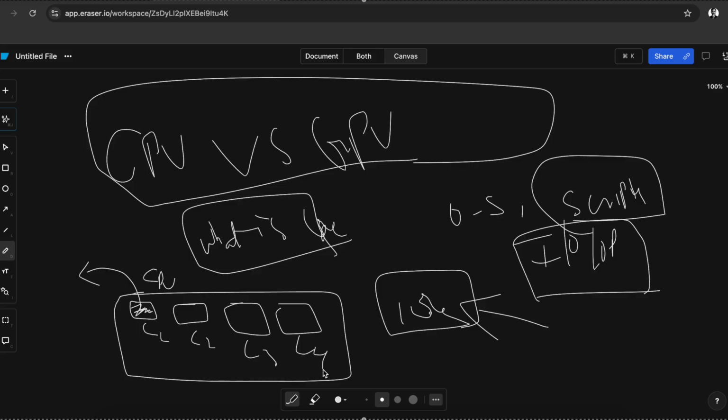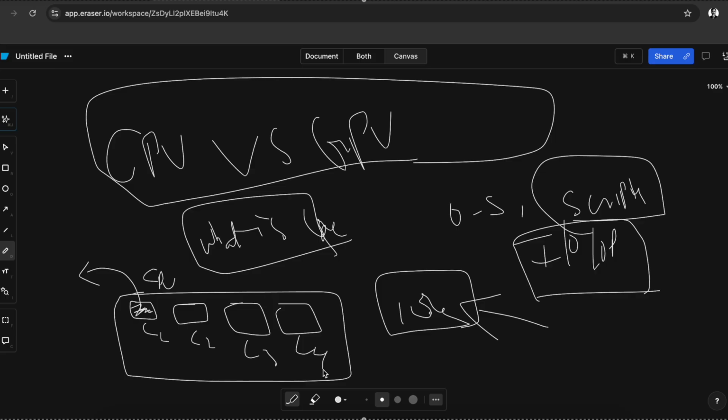So now, what is the CPU good at? Why are we using the CPU? A CPU core is very powerful and flexible. It is designed to handle many different kinds of instructions, branches, conditions like if else, logic, system calls, and interrupts, all of the things related to the operating system and regular operations, and complex decision making. So the CPU is great for running your operating system, web servers, APIs, databases, CI/CD tools and these things.